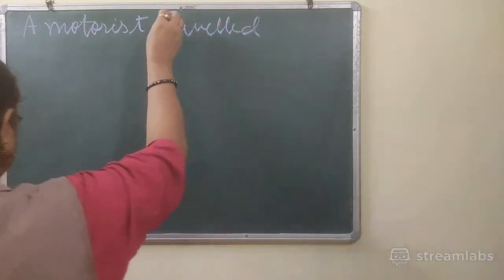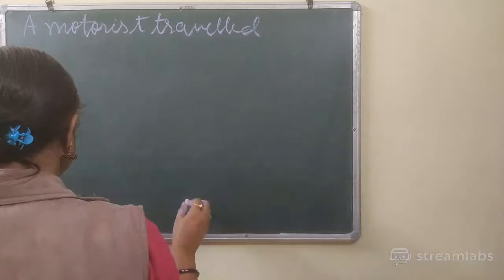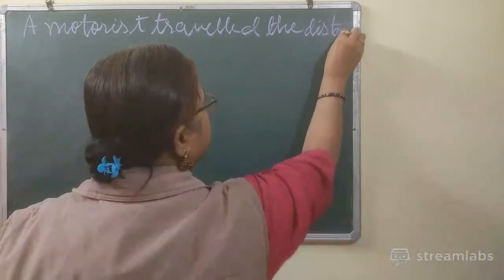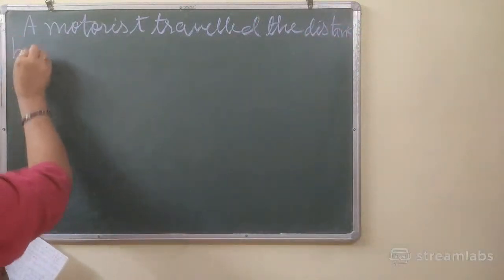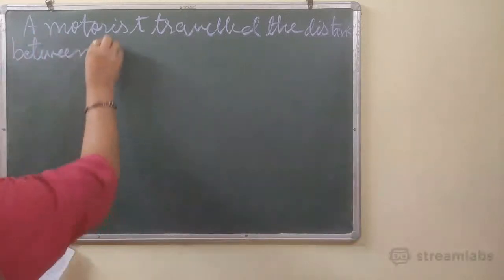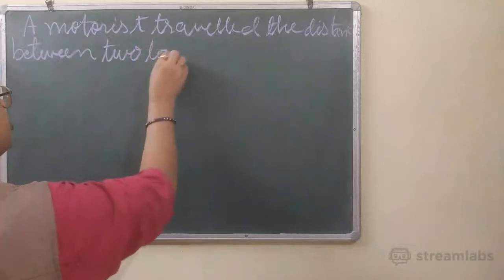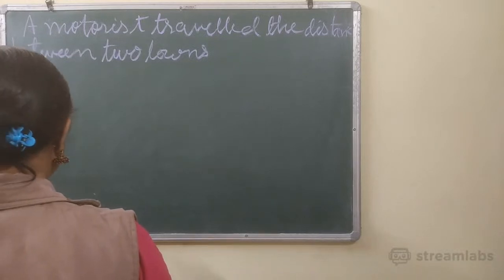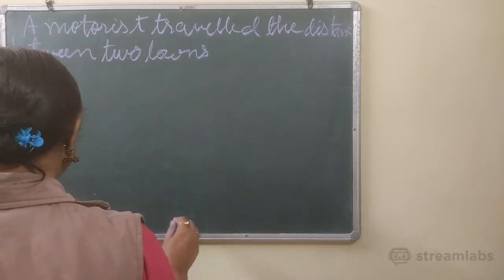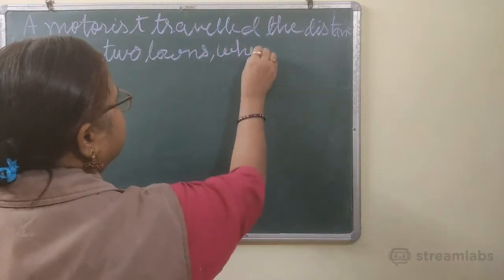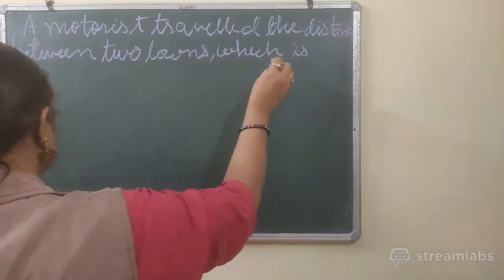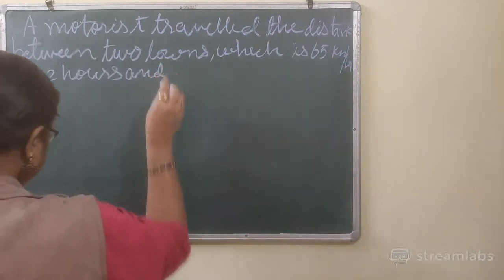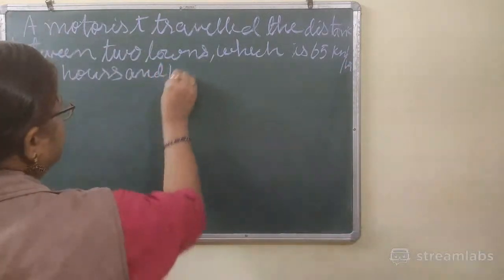A motorist traveled the distance between two towns, which is 65 kilometer per hour in 2 hours and 10 minutes.